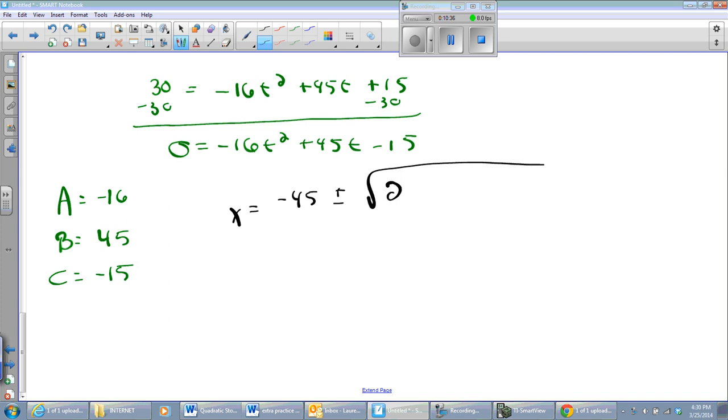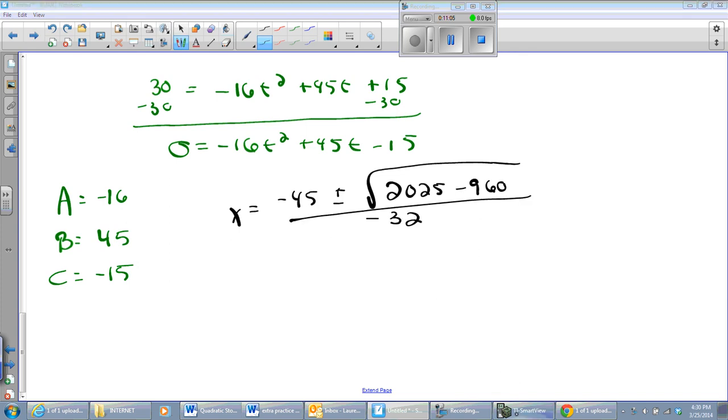And if I remember before, the 45 squared was 2025 minus 4 times 16 times negative 15. Now, if I remember right, that was 960. Only this will be a negative because I've got 3 negatives being multiplied. The 4 is negative, the 16 is negative, and the 15. So I'm just going to go ahead and erase and write minus 960. Okay, that'll be over negative 32.